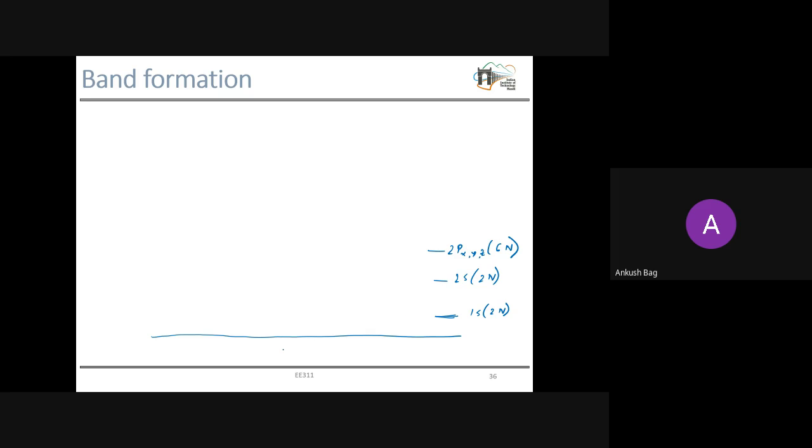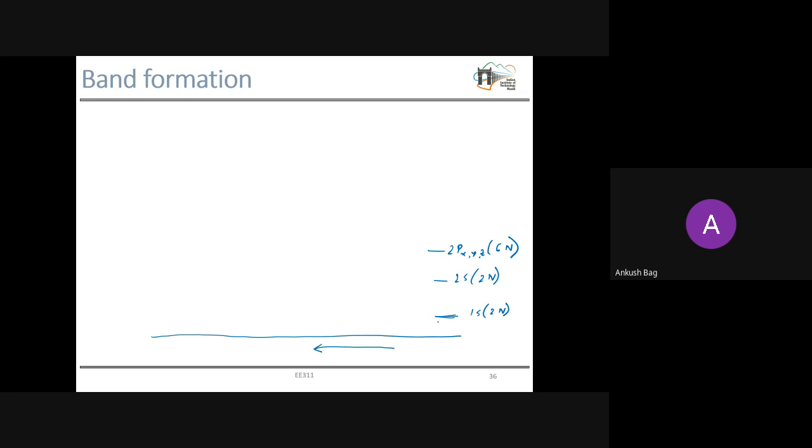So now, if we reduce the atomic distance, in this direction the distance between two atoms is getting smaller and smaller. So then this is a discrete energy level.